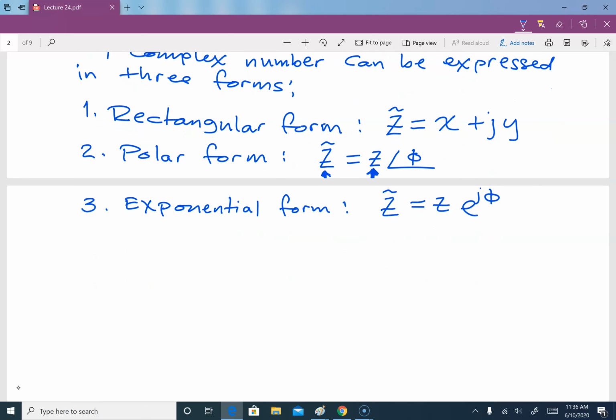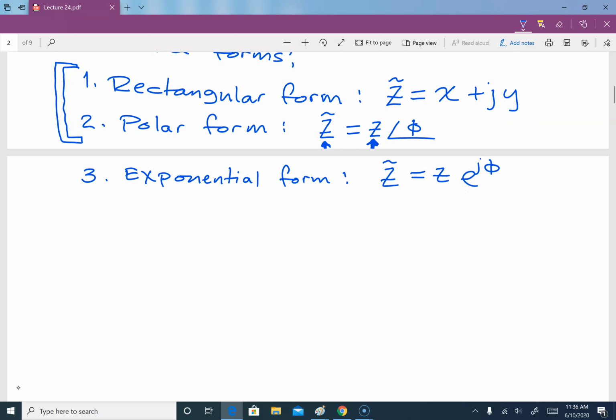So these are the three forms. However, we are interested in rectangular and polar form. The reason is that in rectangular form we know the real part and the imaginary part of the complex number, while in polar form we are able to find the magnitude and the phase angle.